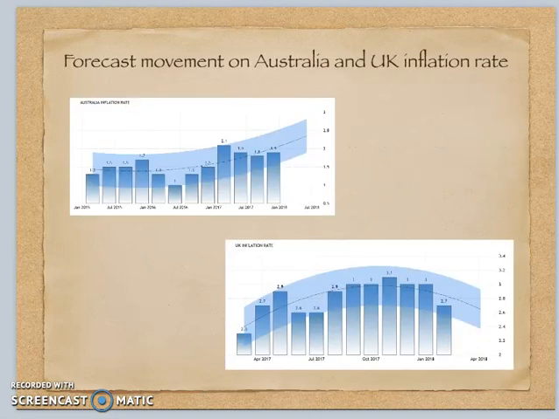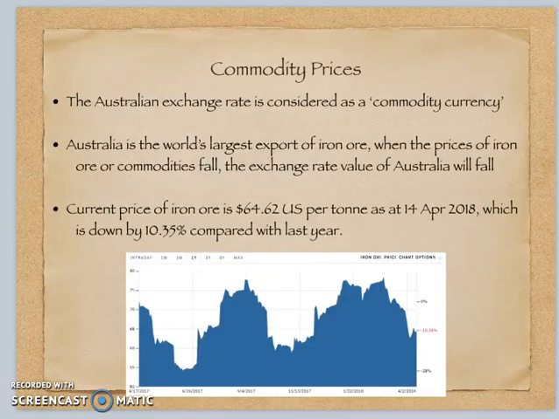From the two data, the Australian dollar has an increased trend in the inflation rate. However, the United Kingdom has a hump shape of inflation rates, so the trend will have the possibility to decrease in the future months. Let's move to the next part, commodity price.